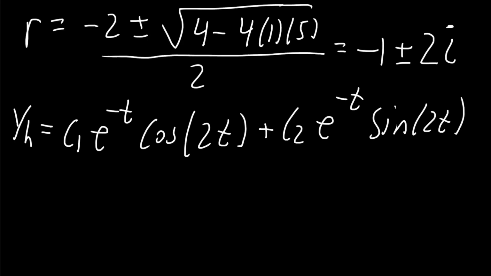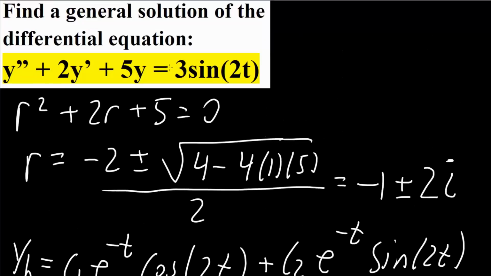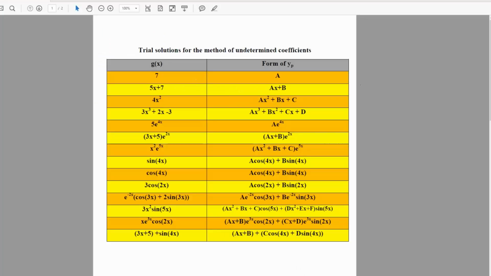And this is the homogeneous solution, but since in our case we have equals 3 sine 2t, we need to get a particular solution, yp. In our case, we have 3 sine 2t, which is pretty close to this.